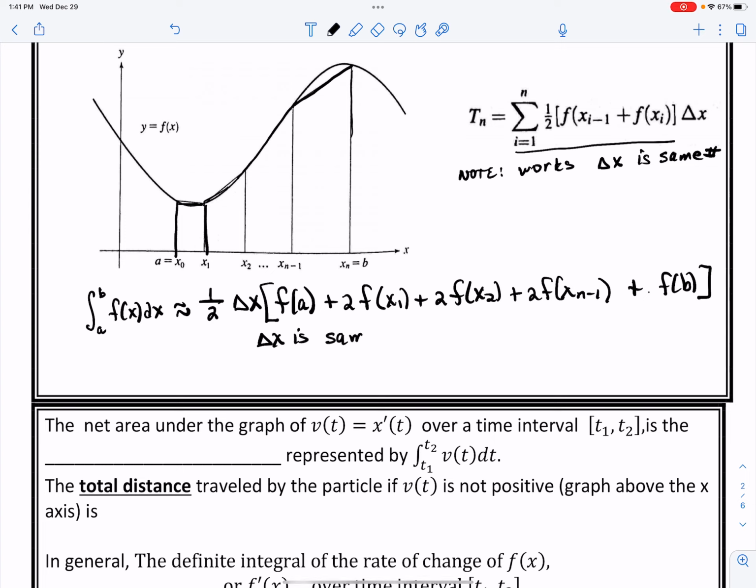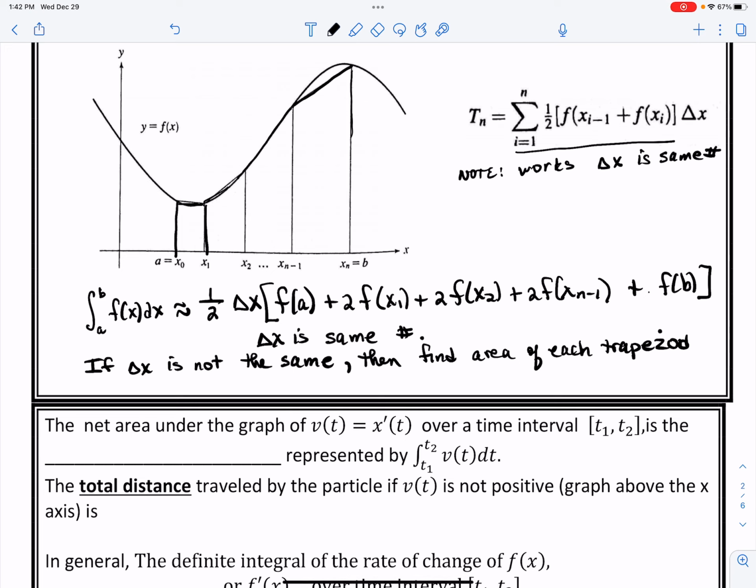If delta x is not the same number, in other words, if the width of each subinterval is not the same, then we find the area of each trapezoid individually, separately, and add. And we'll do that very soon.